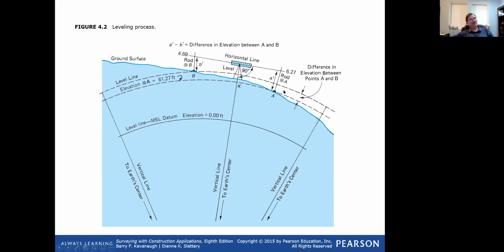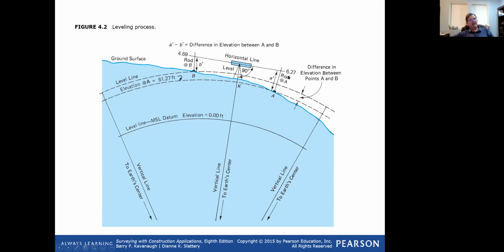You have a point, say right here, that you know the elevation of, and you want to find out the difference from here to here. And this elevation, it says, is 61.27 feet. You stick a level gun in the middle, you set it up properly like the video showed you, and you take a reading over here. This reading is 6.27. So we are 6.27 feet higher than this elevation.